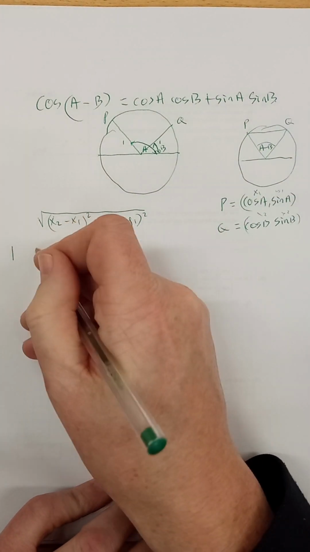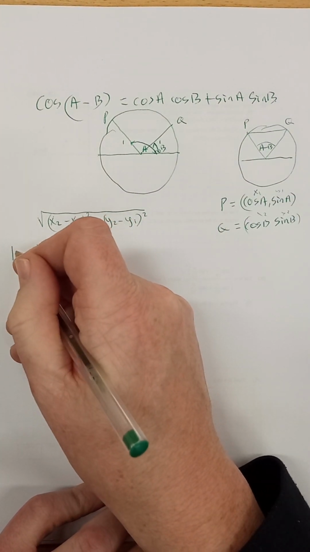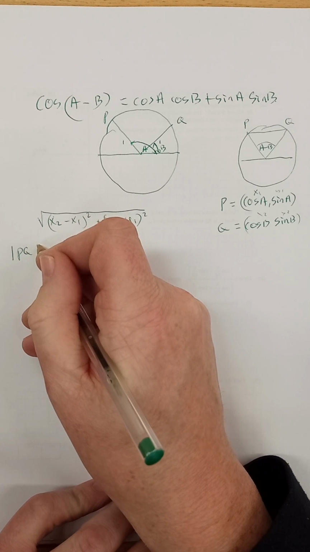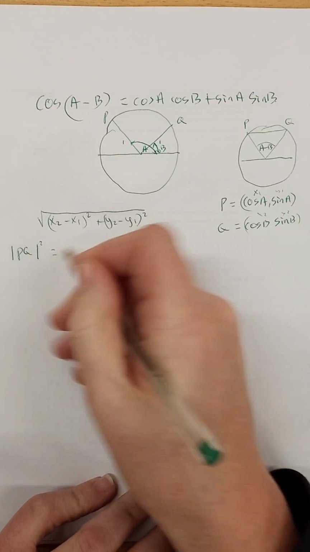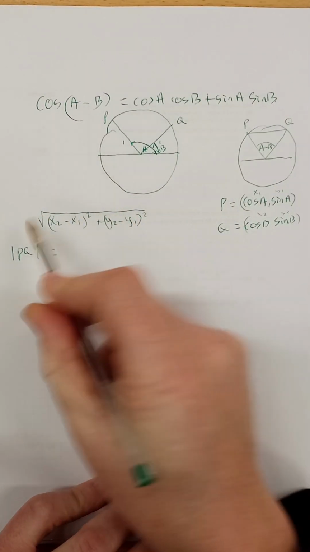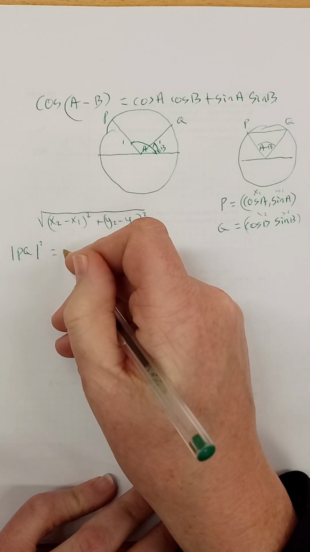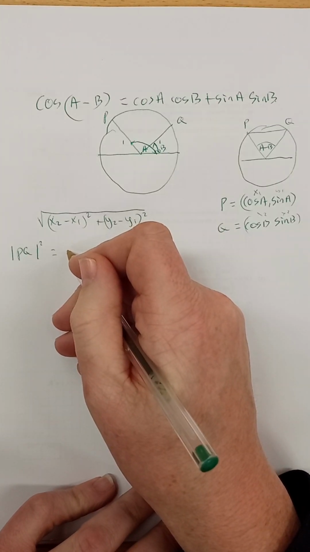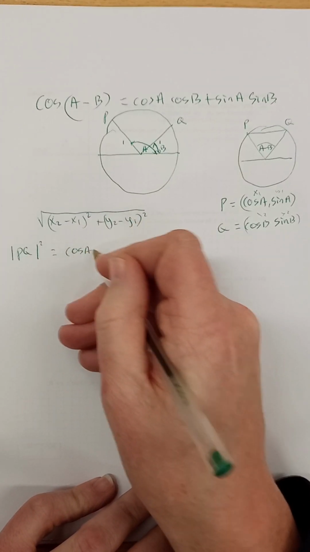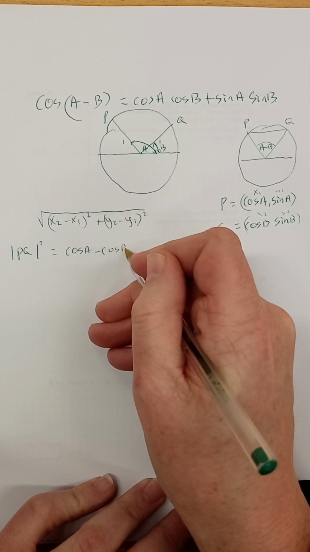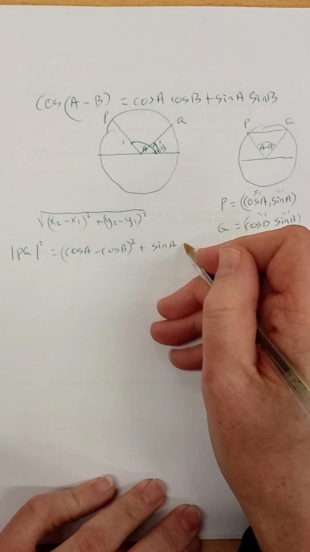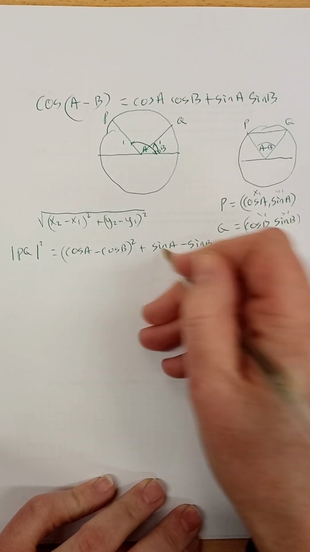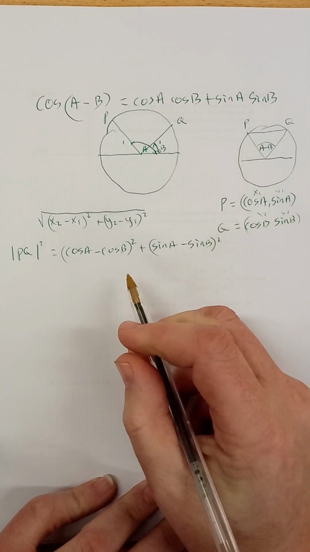So the length of PQ squared is just going to be, so I'm squaring and getting rid of that square root by squaring it out. It's going to be x2 minus x1 squared, so it's going to be cos A minus cos B squared, plus sine A minus sine B squared.